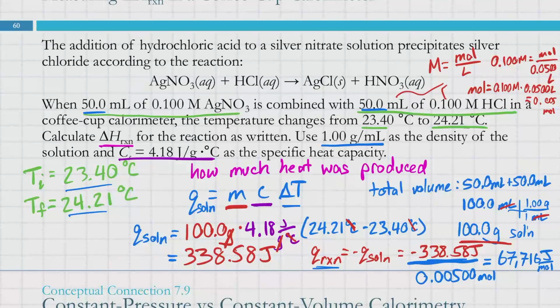Other questions? Yes. If this was on a test, you wouldn't be expected to find it per mole. It just says delta H of reaction. Right? It would say delta H of reaction per mole. I probably would not tell you that it's per mole. I would expect you to get it as a per mole, because we're looking for it for the overall reaction.